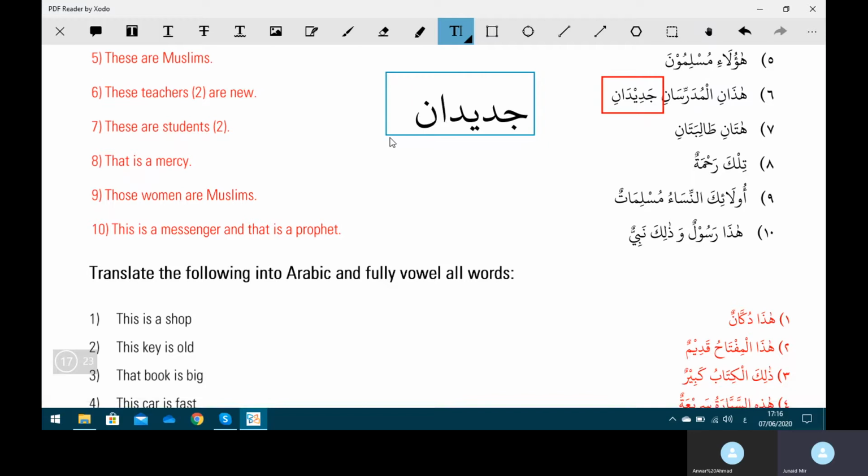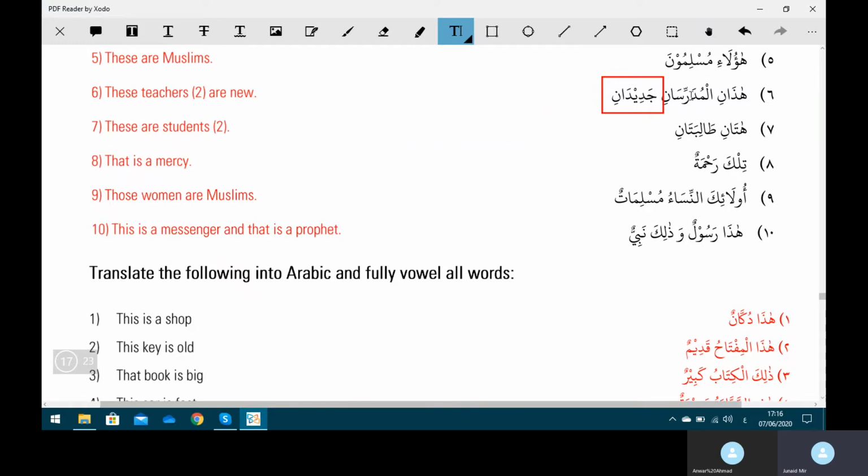Why? Because I have to agree in number and gender with al-Mudarrisani. So jadid has to be dual and masculine as well. So what that means is these teachers, referring to two male teachers, are new. Jadidani.